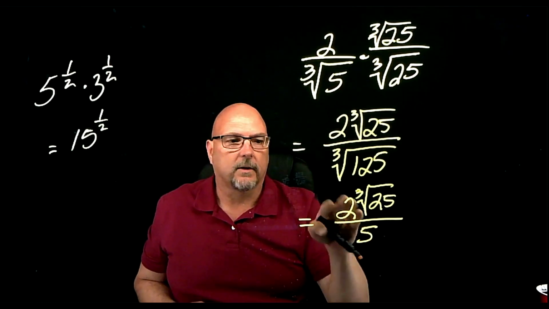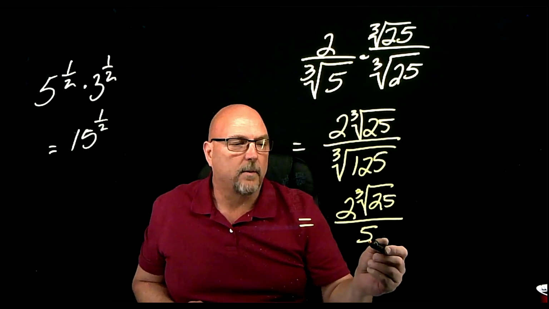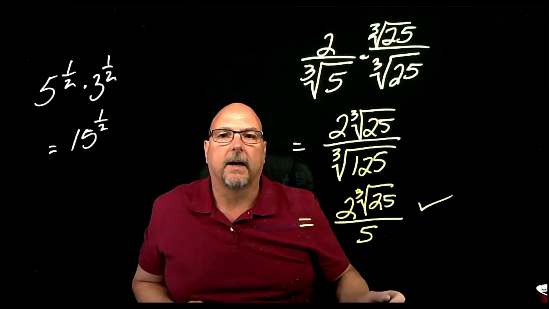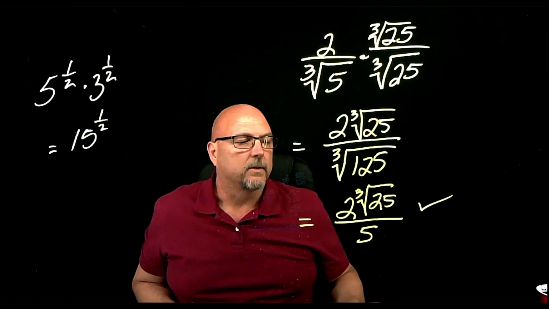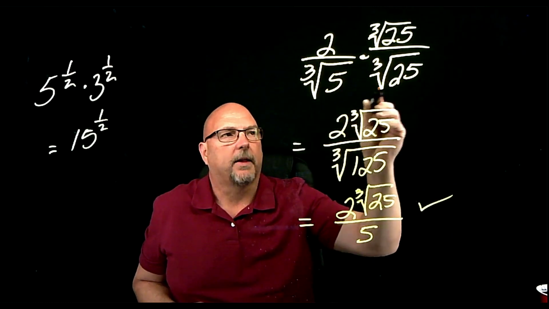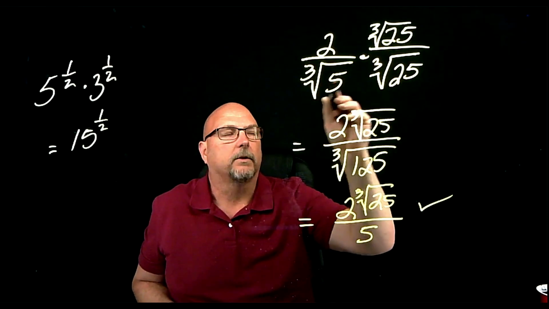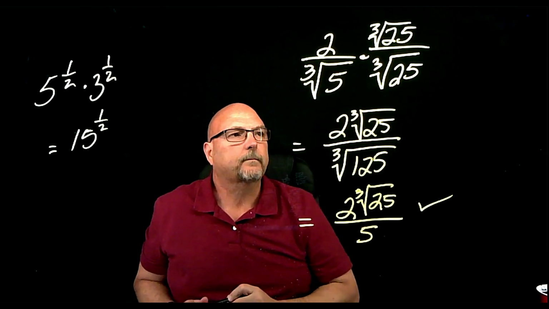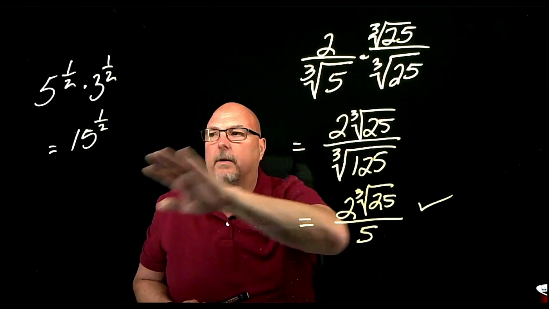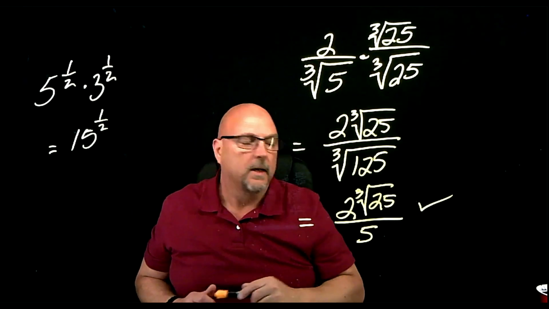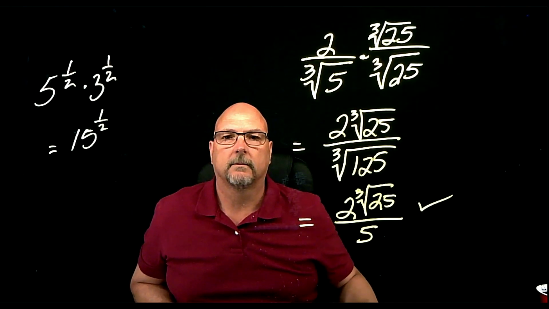And checking here, it doesn't seem like there's anything that will cancel out, so that is our final answer for that one. Hopefully you got some value out of that. That one is a tricky one for students getting into pre-calc to remember this property over here, so keep that in mind.